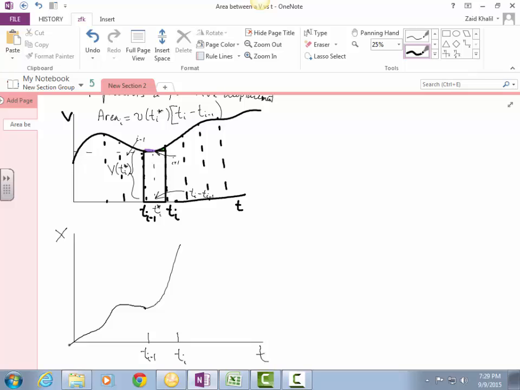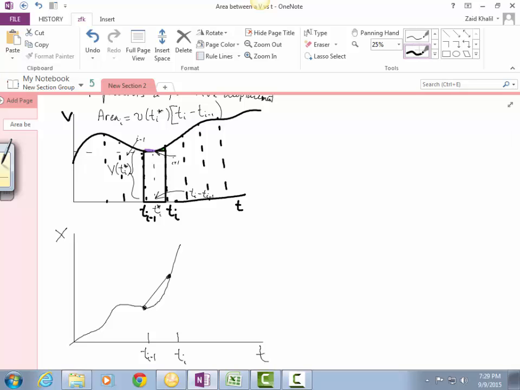So what we know from the prior class is that there's going to be a point in this interval between t_i minus 1 and t_i such that the secant line is parallel to a line tangent to that point.